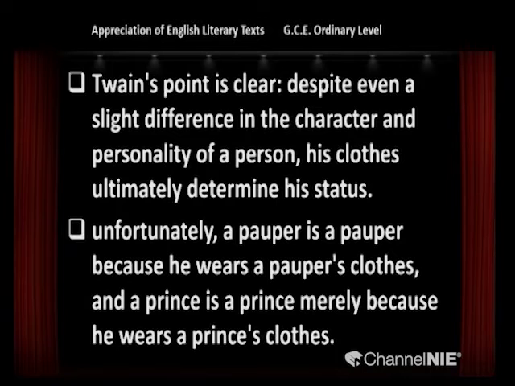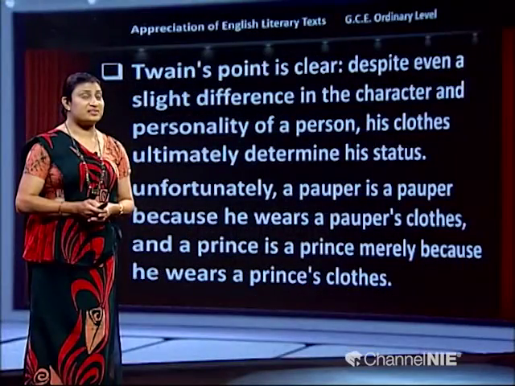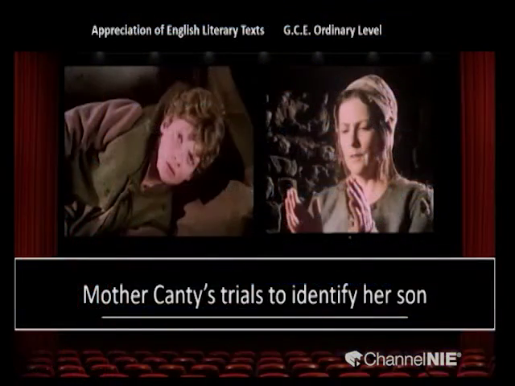Unfortunately, a pauper is a pauper because he wears a pauper's clothes, and a prince is a prince merely because he wears a prince's clothes. So at the very beginning of our lesson, in lesson 1, we discussed that. In the picture, you can see Mother Canty's trial to identify her son.